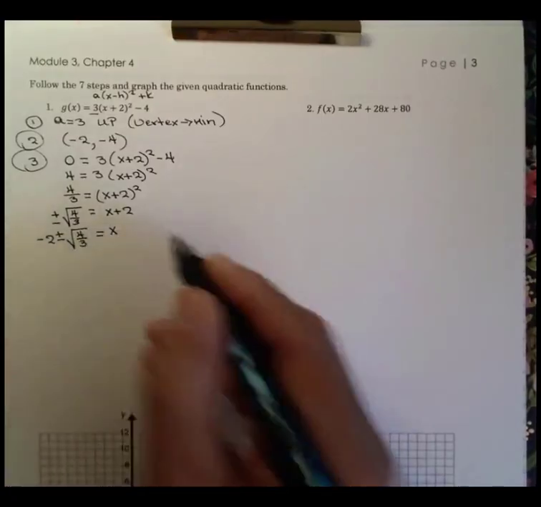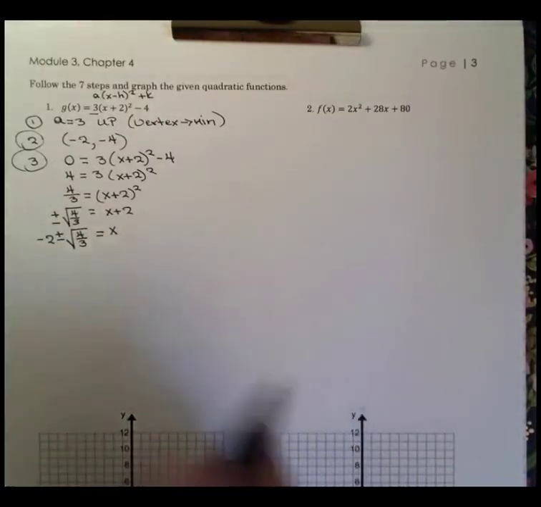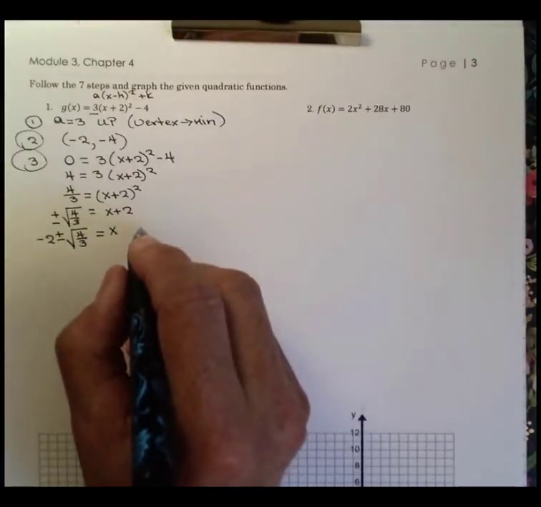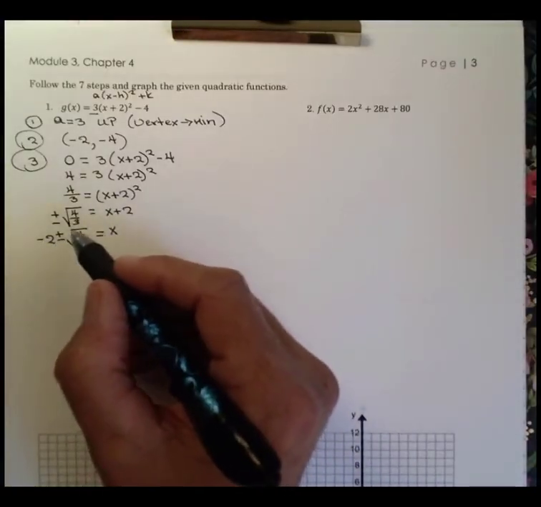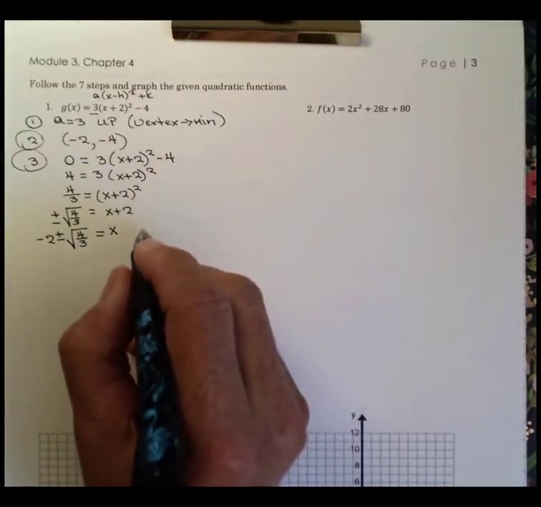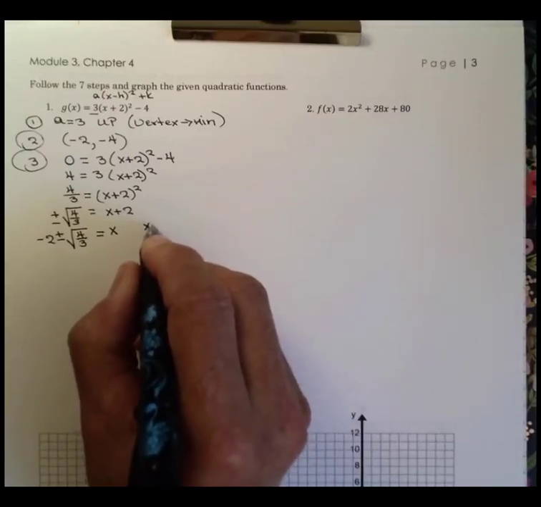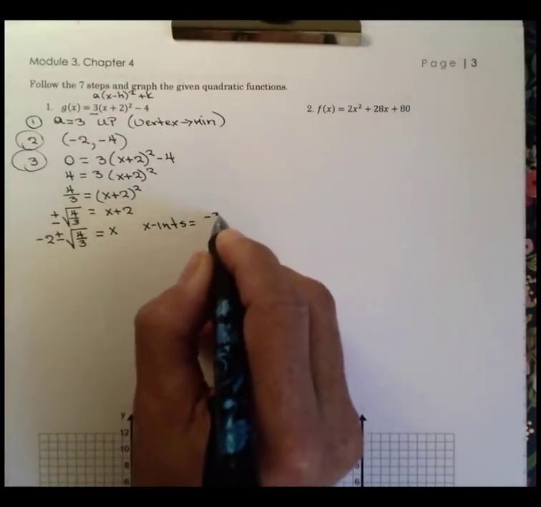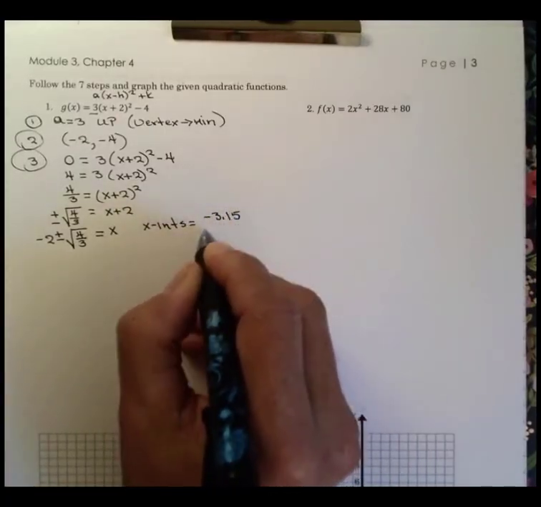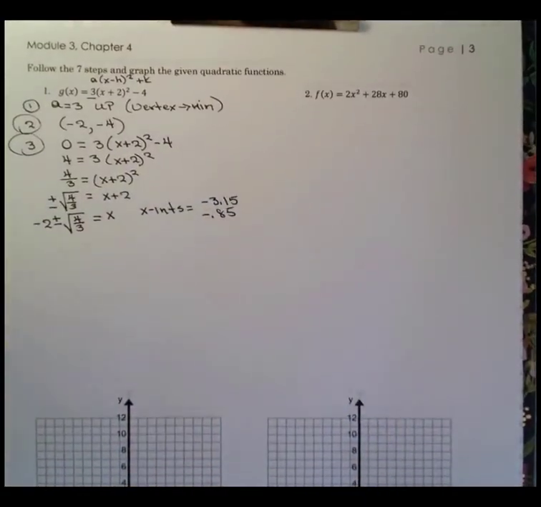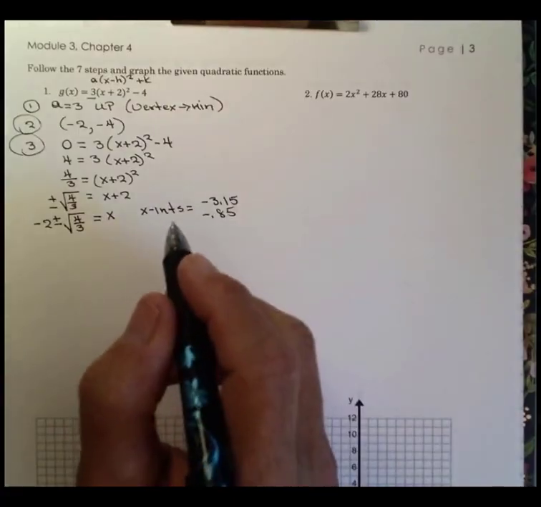So my x-intercepts are going to be -2 plus the square root of 4/3 and -2 minus the square root of 4/3, and I can do that easily in my calculator. I came up with -3.15 and -0.85. They're not the best ones to graph, but they're still possible for me to do a half-decent job.